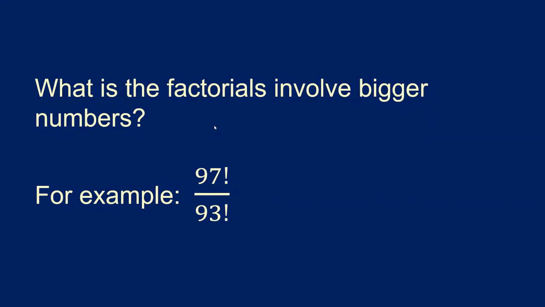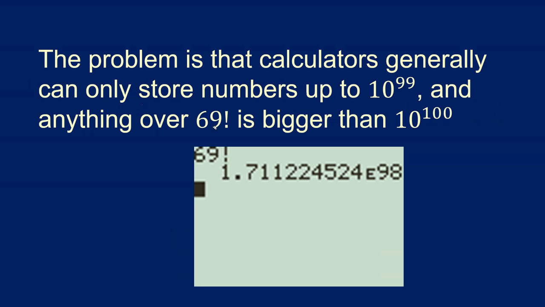That's actually what you have to do when you have larger numbers involved. If you try to do on a calculator 97 factorial divided by 93 factorial, it's going to give you an error. It'll say this is an overflow error, which means you're trying to deal with numbers that are bigger than your calculator is designed to handle. Calculators typically will store any number up to 10 to the 99th power.